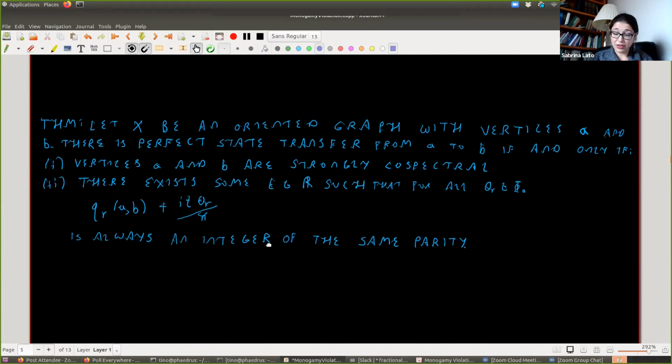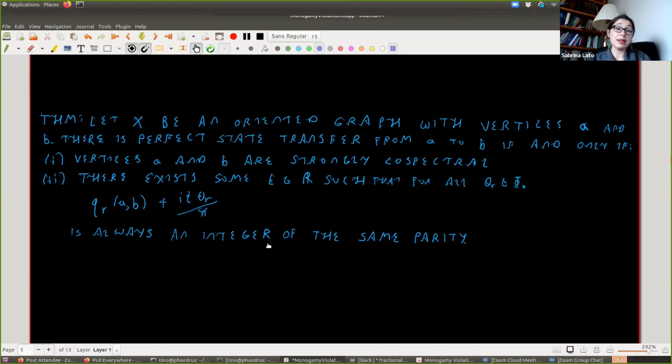So if X is an oriented graph with vertices A and B, there's perfect state transfer from A to B if and only if vertices A and B are strongly cospectral, and you have this parity argument relating to that QR of AB.